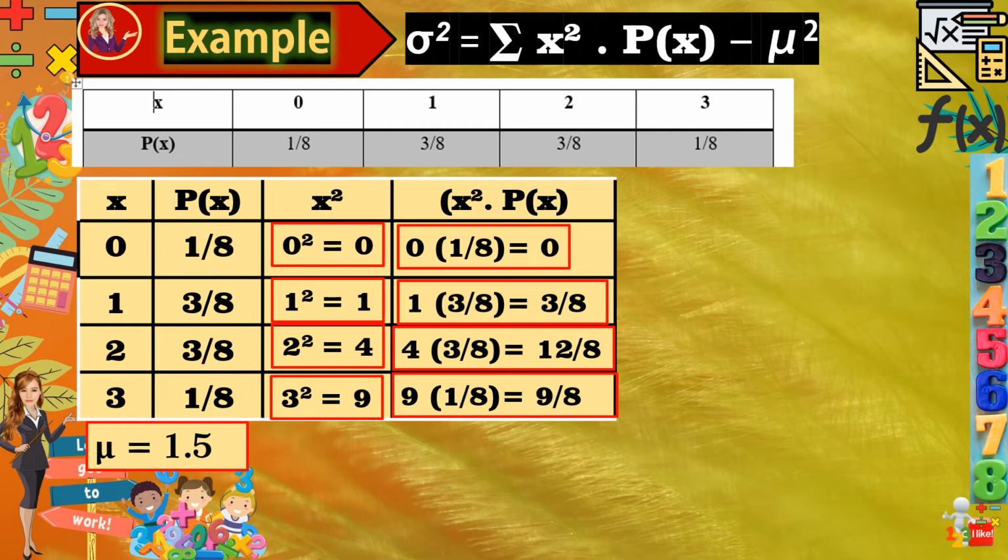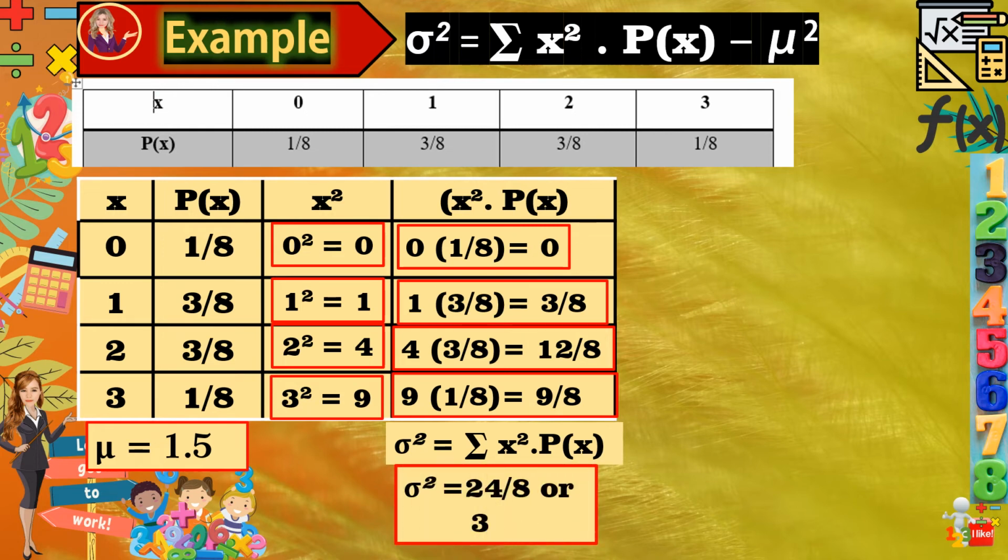Then after that, you are now ready to get the summation of your x squared times p of x. And that is 0 plus 3 over 8 plus 12 over 8 plus 9 over 8. The result is 24 over 8, or that is equal to 3.